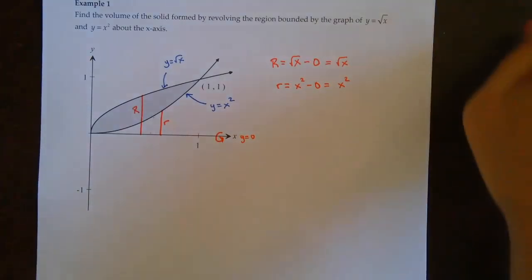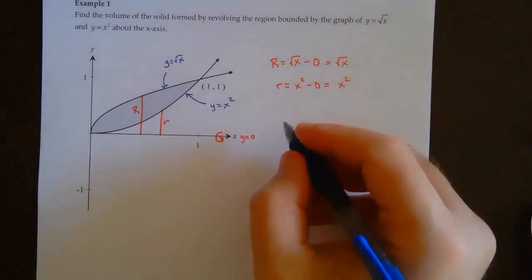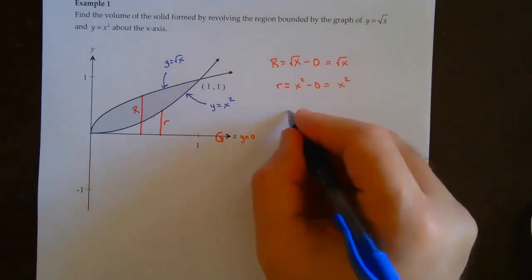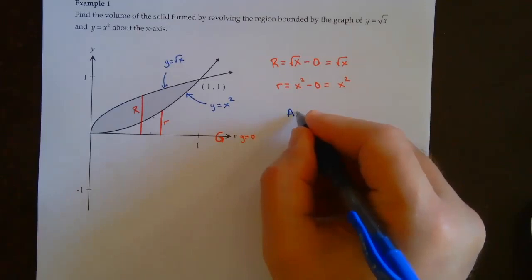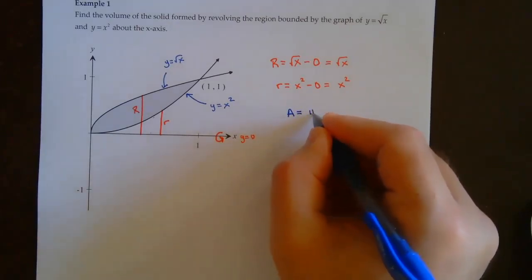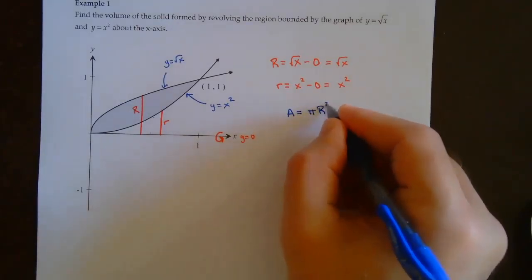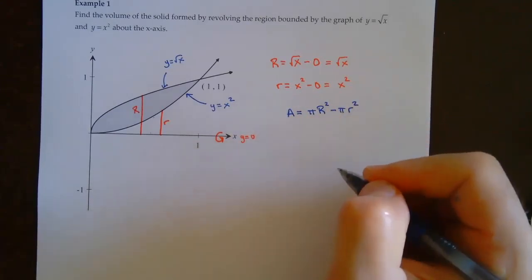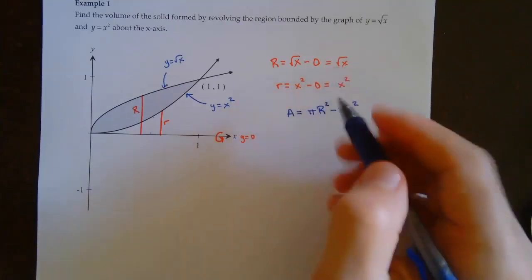And so from that, I could determine my area. The area of one washer would equal pi big R squared minus pi little r squared, and my big R would be the square root of x.